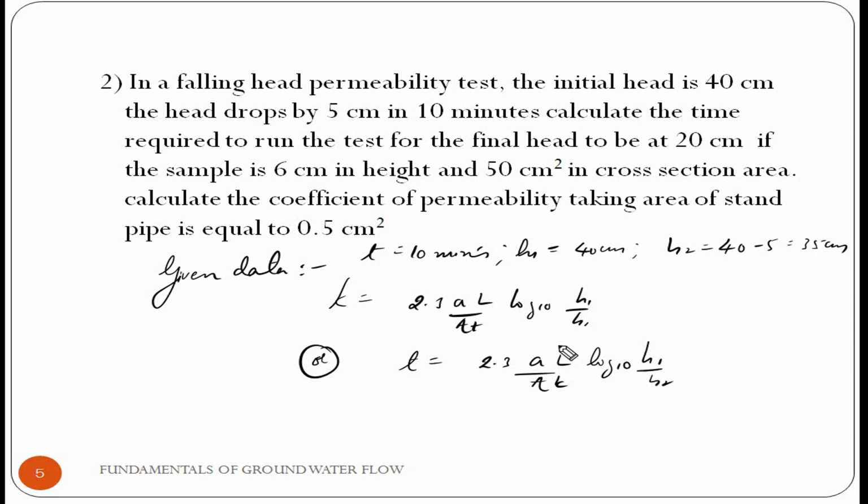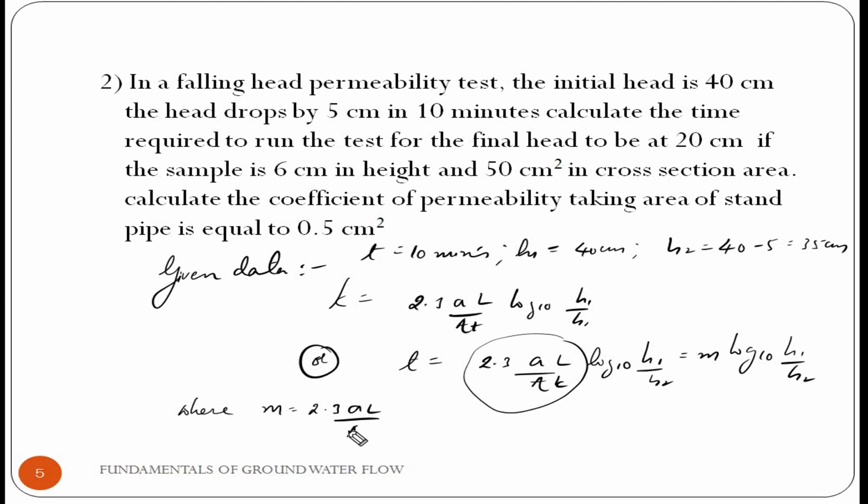So this setup is constant, so we will take it as M log to the base 10 H1 by H2, where M is equal to 2.3 AL divided by A into K. Then T is 10 minutes, it is given, and M log to the base 10, H1 is 40 divided by 35. So the M it is 172.5 units.